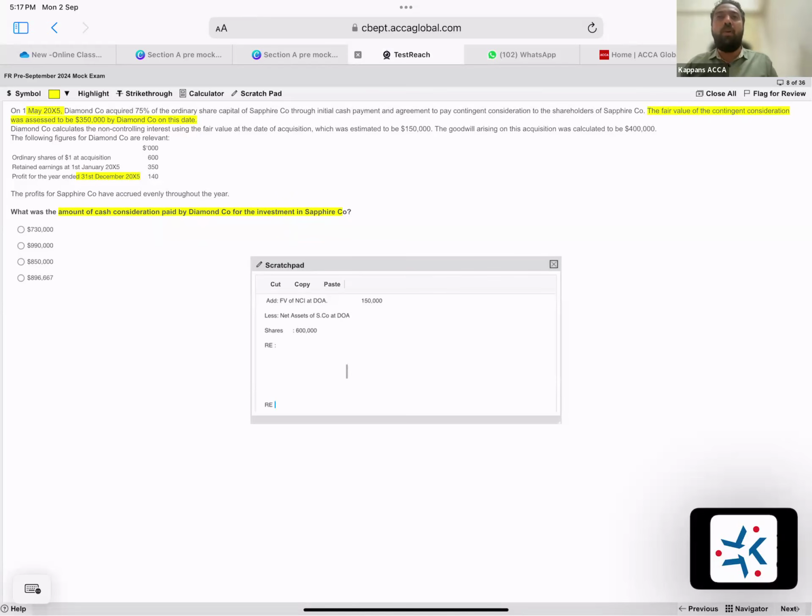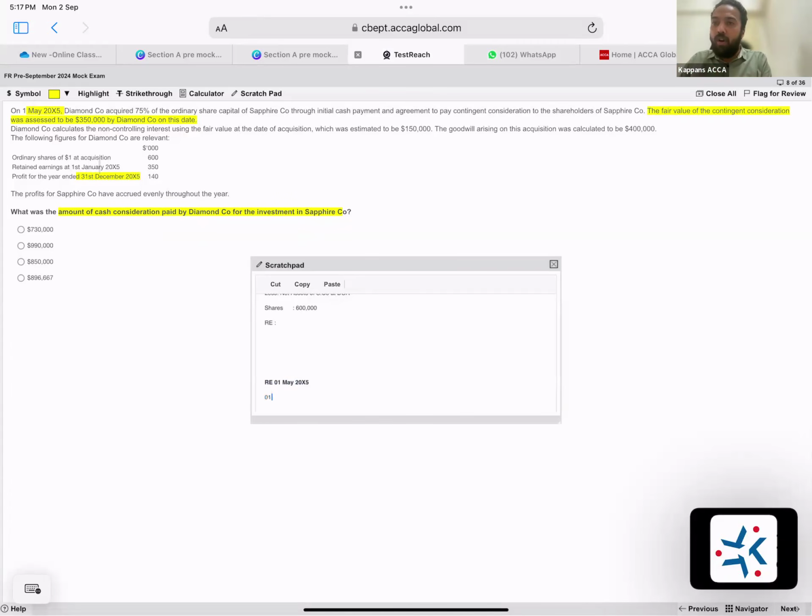We have to find out retained earnings at the date of acquisition for the purpose of calculating goodwill. So we need to know what is the retained earnings on 1st May 20X5. That is the date of acquisition. And I've told you several times in our class that a date will be given. Retained earnings, a particular date will be given. You write that date. Retained earnings at 1st January X5 is given.